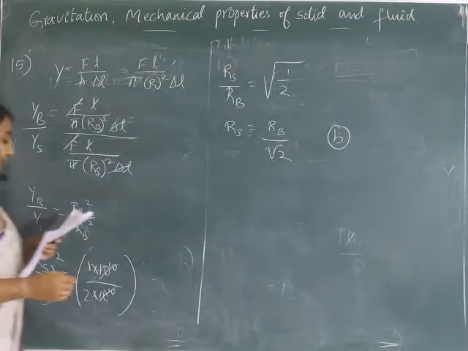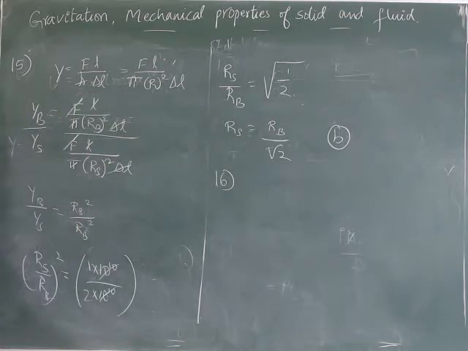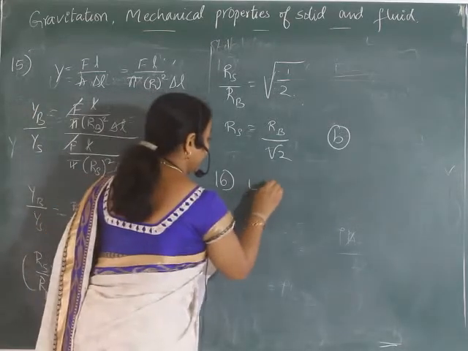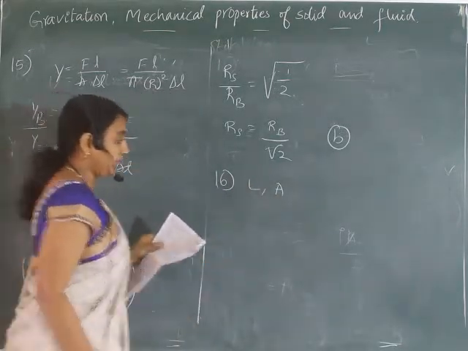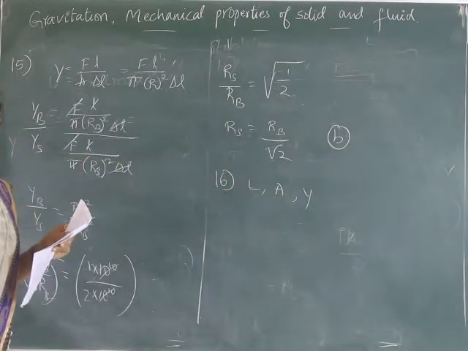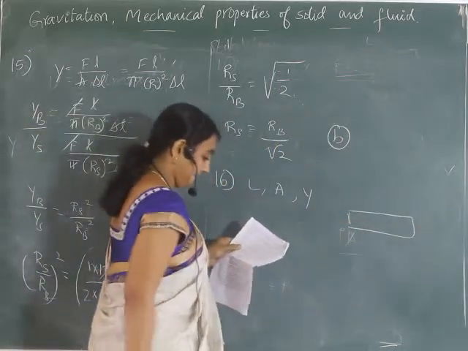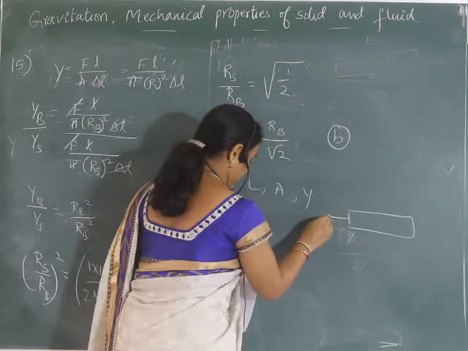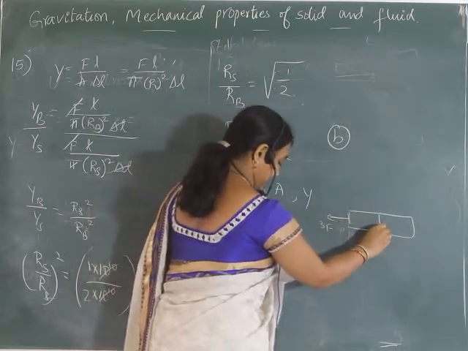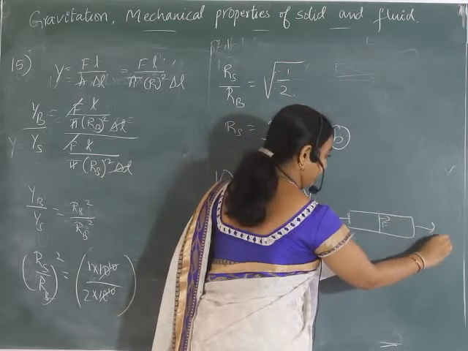Sixteenth one. A uniform cylindrical rod of length L, area of cross section A, Young's modulus Y, is acted upon by the forces in the figure. See that figure carefully. Here they have given 3F, at the center F, and here it is 2F.